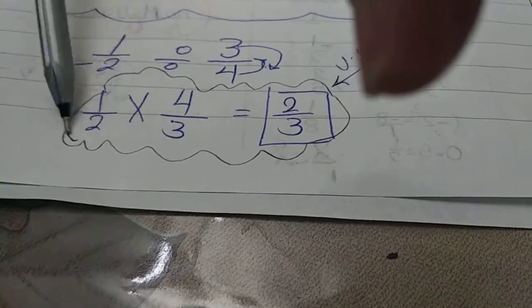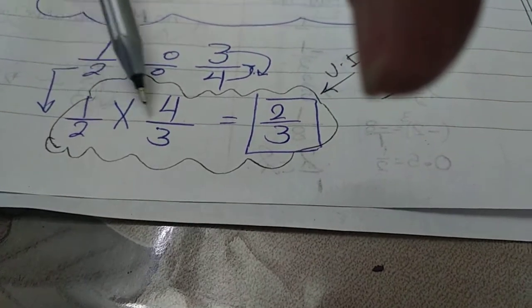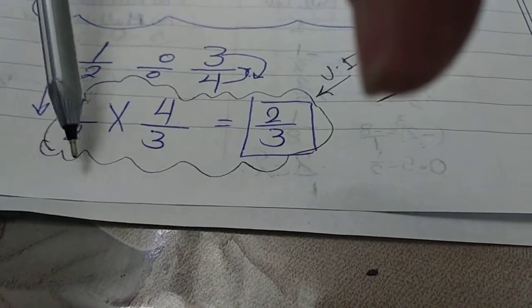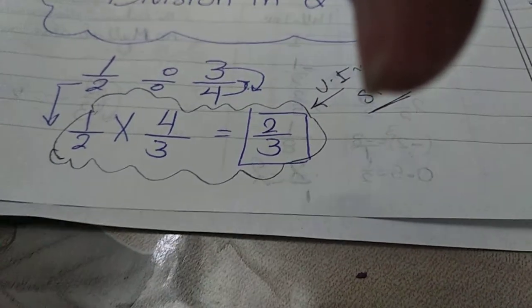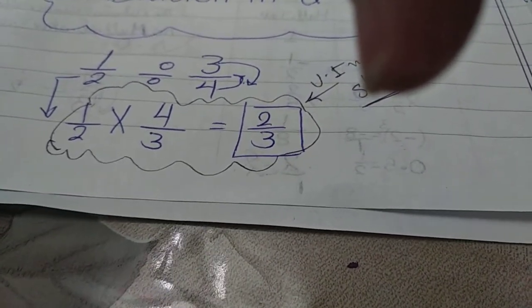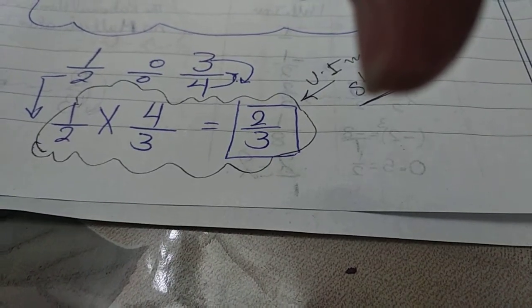And then multiply them. 1 times 4 equals 4, and 2 times 3 equals 6. By simplifying, it will be 2 over 3. Or multiply it by calculator directly.